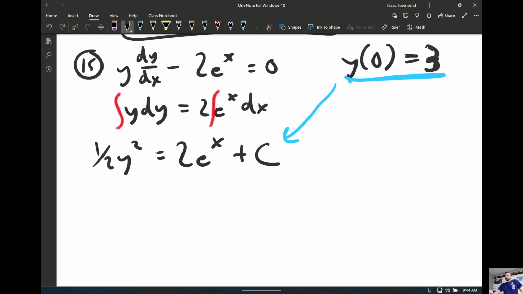So if I plug in 0 for x, this goes to 2. And plug in 3 for y, this goes to 9/2. Subtract 2 from that. You see 2 is the same thing as 4/2. So 9/2 minus 4/2 would be 5/2.